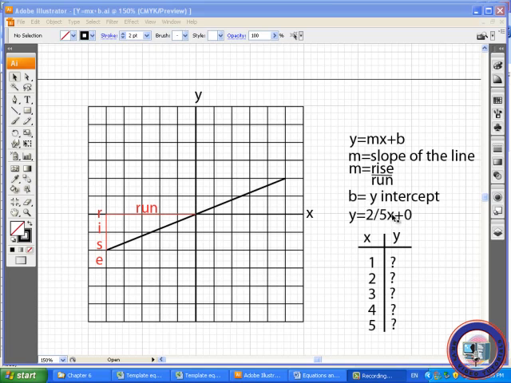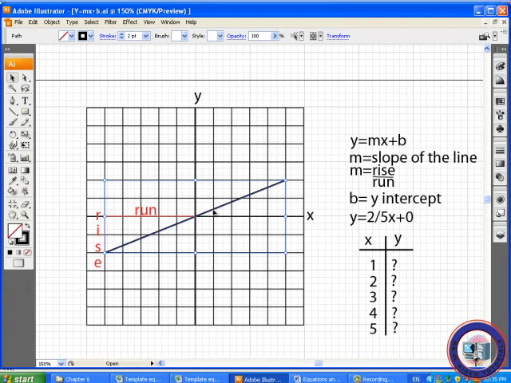So 2/5 times x. Now, the y-intercept, b is the y-intercept. That means at what point does the equation's line cross the y-axis? Well, you can see here it crosses at 0 on this axis. Okay?